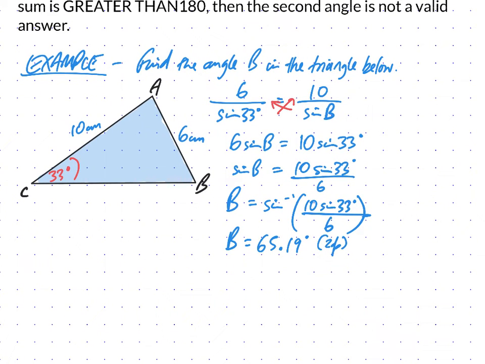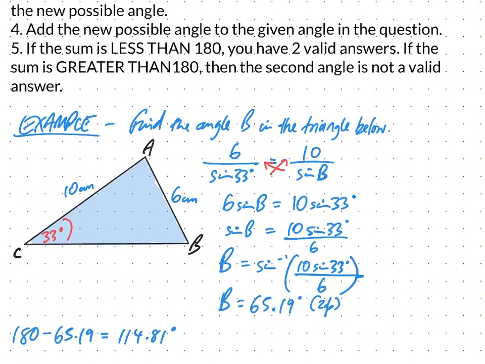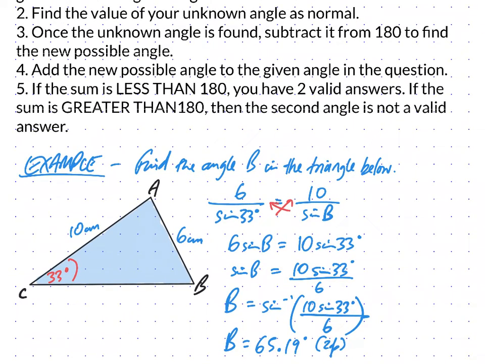So 180 minus 65.19 is 114.81 degrees. Add the new possible angle to the given angle in the question.